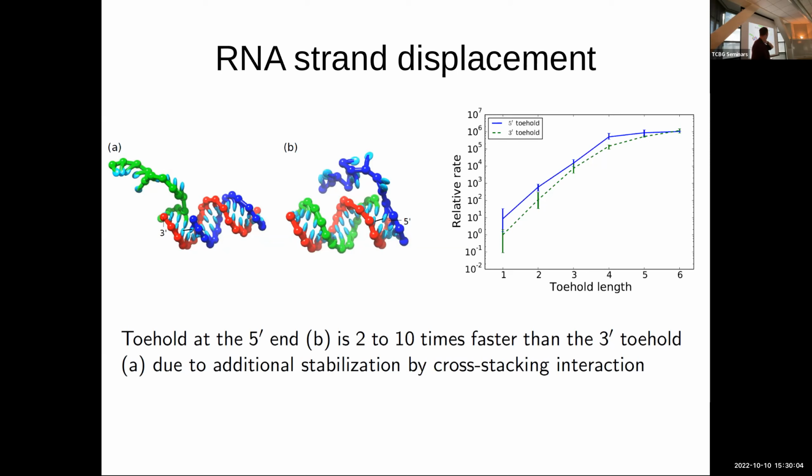Yeah, so one way to do it, you would just run millions of brute force simulations and average the rate. This will take a long time, so that's not what we are doing. So we split the reaction into different steps, and for each step we run several thousands of simulations. So we measure the rate it takes you to bind to the toehold, and then we measure the probability, if you are bound to the toehold, that you will make 3 base pairs. And something like a milestone. Yeah, milestone. Thank you.